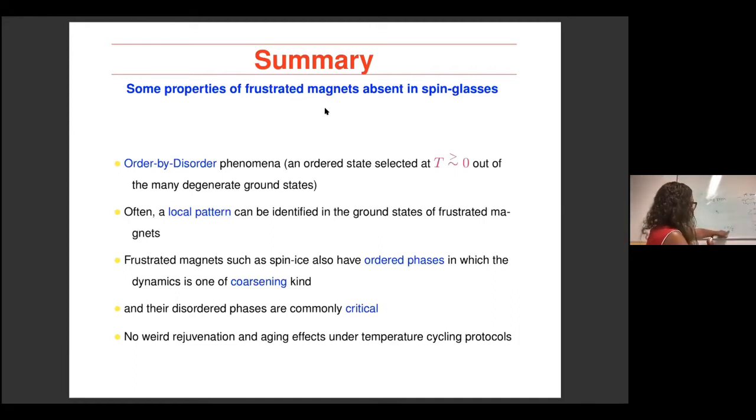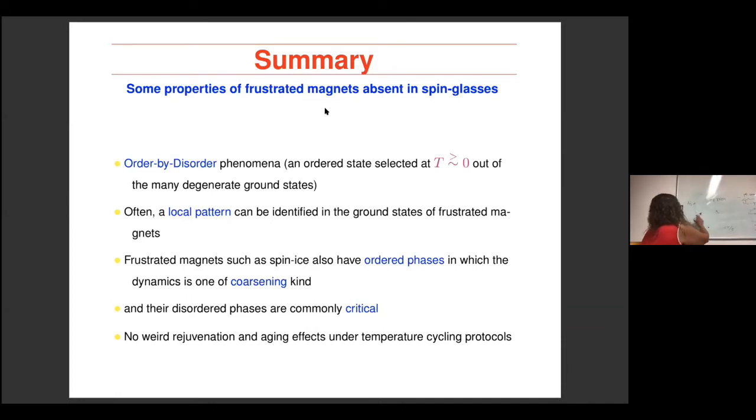So this is the usual temperature over J axis, and this is the strength of the variance of the random fields over J to make it adimensional. And then there is some kind of phase transition like this. So this is the usual one with no random fields of the Ising model.